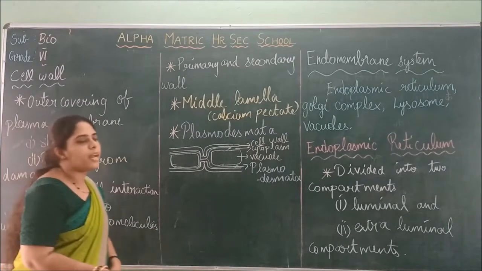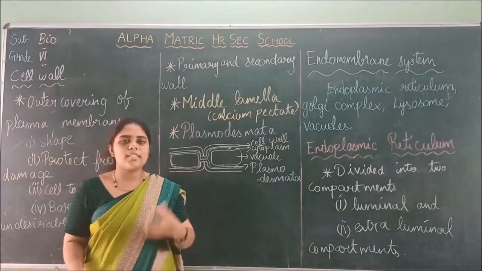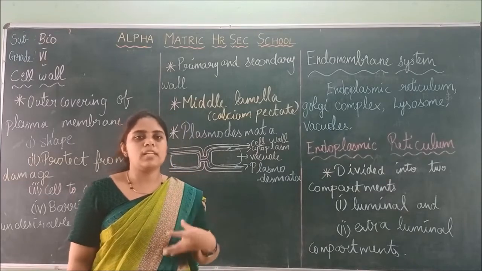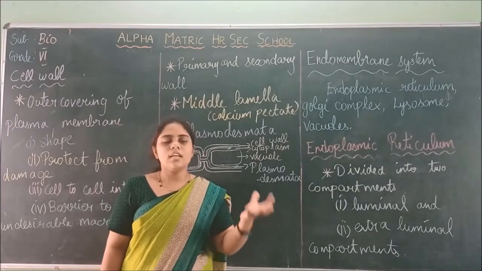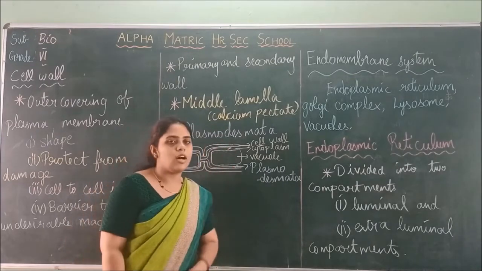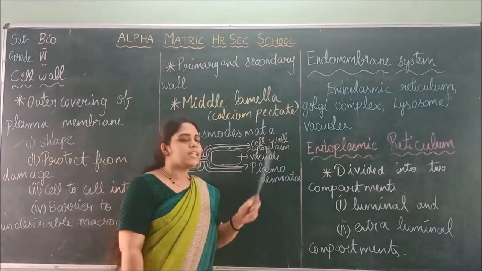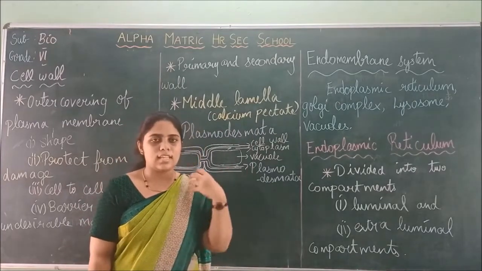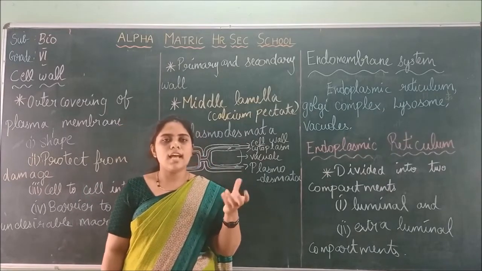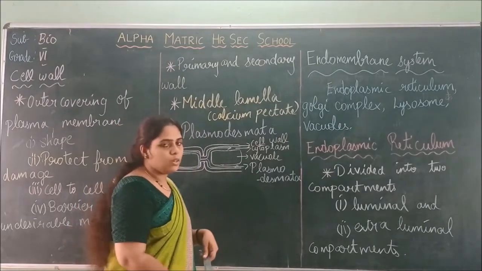And we saw about the primary and secondary cell wall. The primary cell wall is present at a very young stage, and after maturity the primary cell wall dies and the secondary cell wall is formed. After the cell wall, the middle lamella is present. It is made up of calcium pectate, a chemical compound that acts as a sticky agent to attach all the components around the cell.